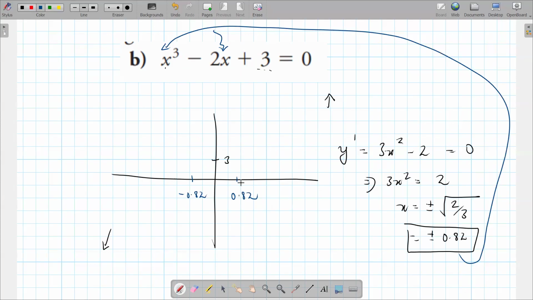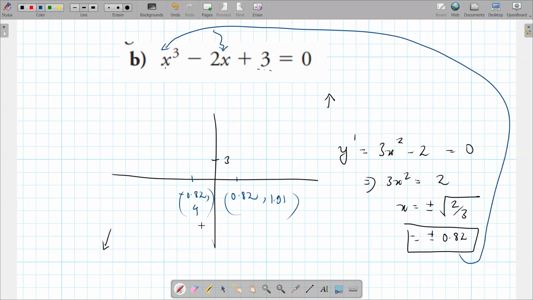So the y value here is 1.91. And on the other side, it's 4.